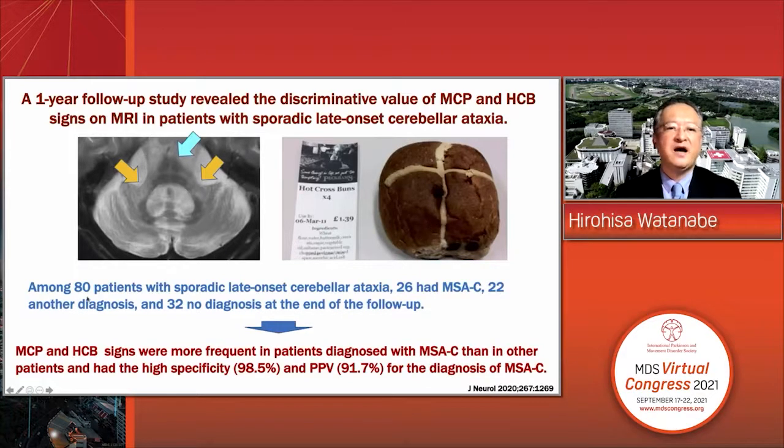In this study, among 80 patients with sporadic late-onset cerebellar ataxia, 26 had MSA-C, 22 another diagnosis, and 32 no diagnosis at the end of the follow-up. In conclusion, MCP and hot cross bun signs were more frequent in patients diagnosed with MSA-C than in other patients, with high specificity and positive predictive value for the diagnosis of MSA-C.